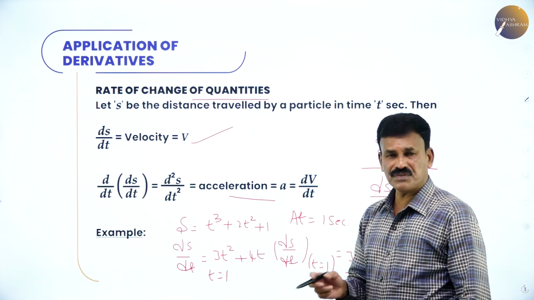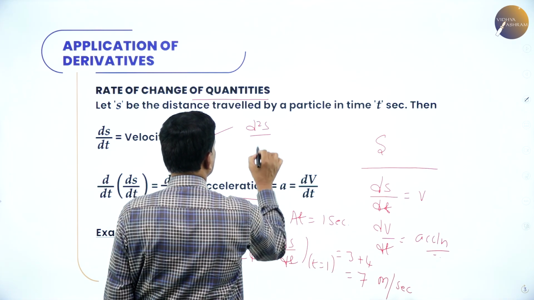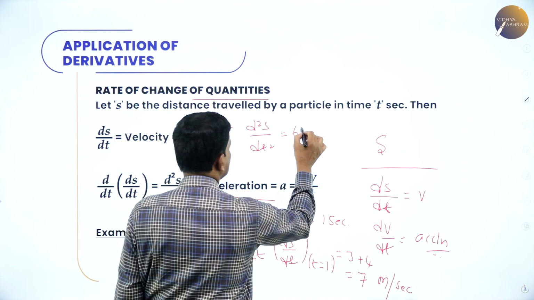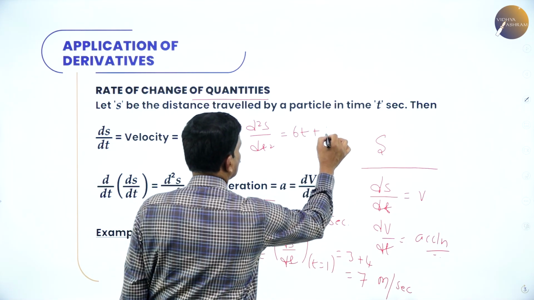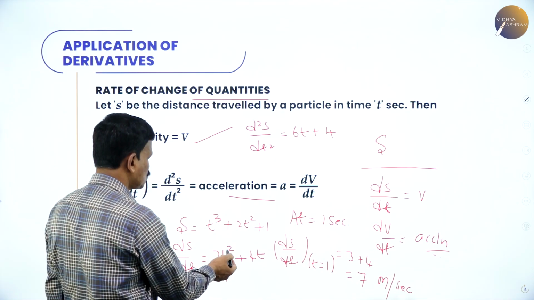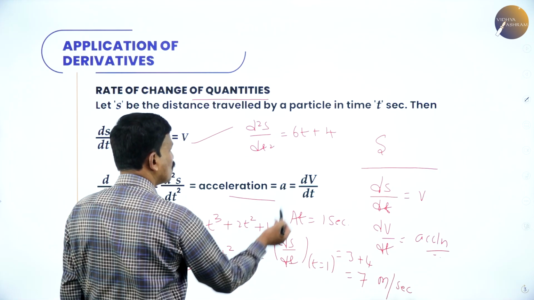Now further, if you differentiate again, d square s by dt square, differentiate this: differentiation of t square is 2t, 2 into 3 is 6t plus differentiation of 4t is 4.